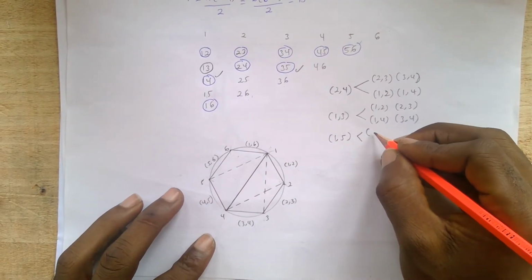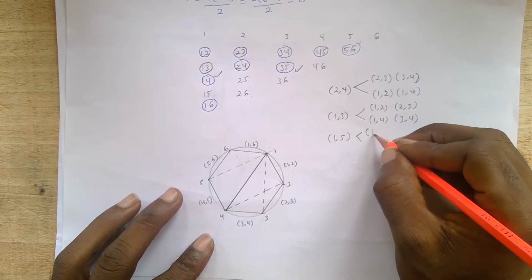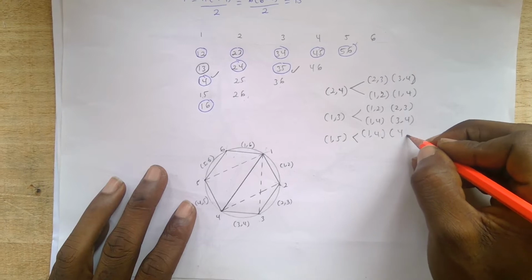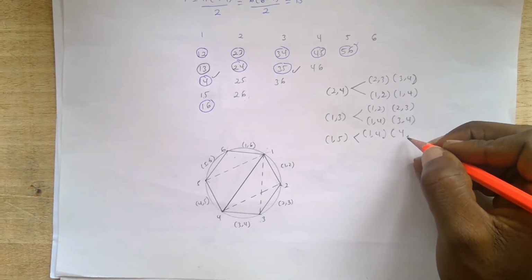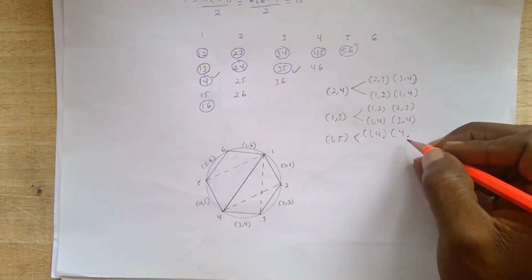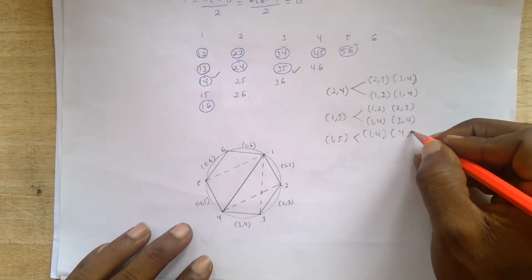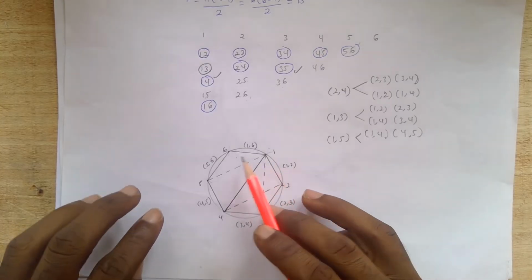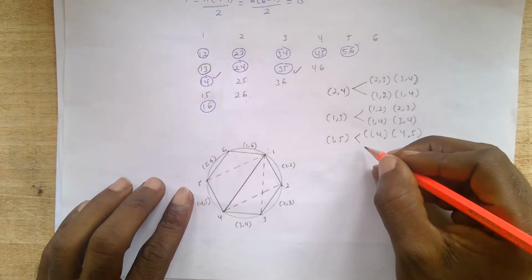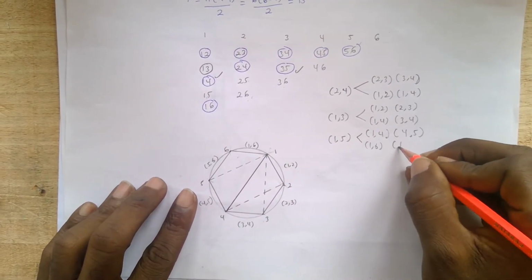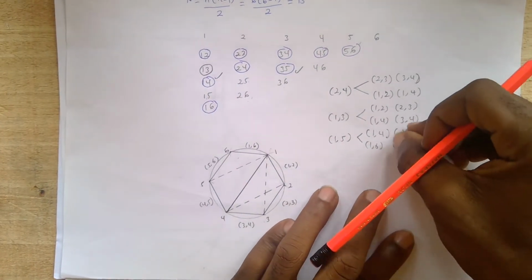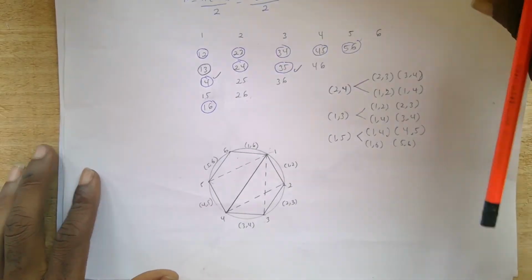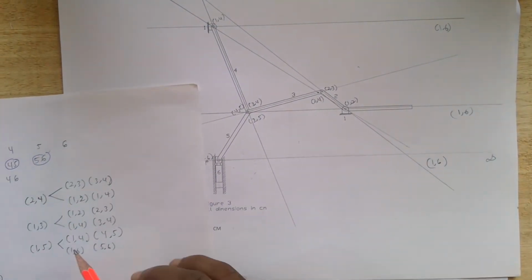Reading the instant centers, I'm going to have 1 4 and then 4 5, and then I will have 1 6 5 6. Okay, so let's look at these instant centers.